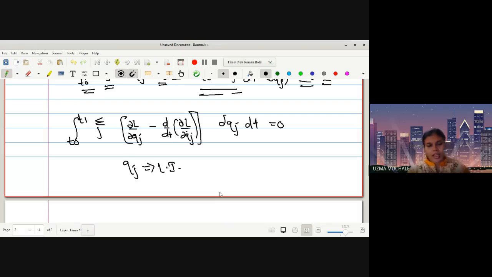What are Qj? Qj's are nothing but your generalized coordinates. What do you mean by generalized coordinate? The least possible number of linearly independent coordinates.